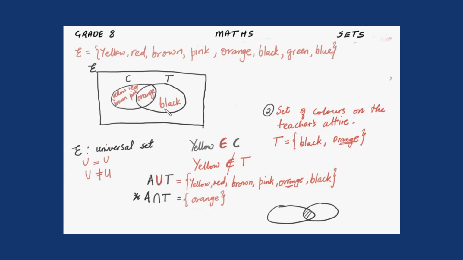So that is it. Now the universal set, we have listed yellow, red, brown, pink, orange, black, but there is still green in the universal set. But green and blue do not appear in either set. So they will be in here, in this region, outside the sets, but within the walls of the universal set.